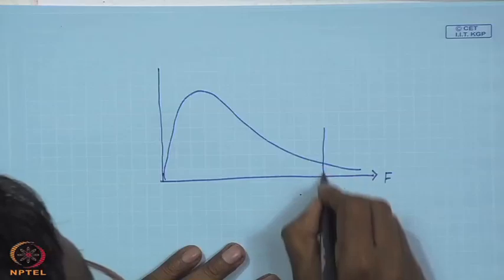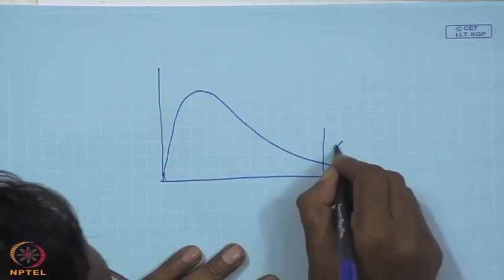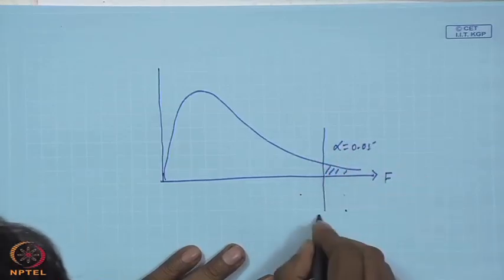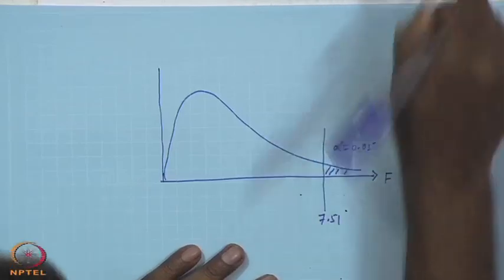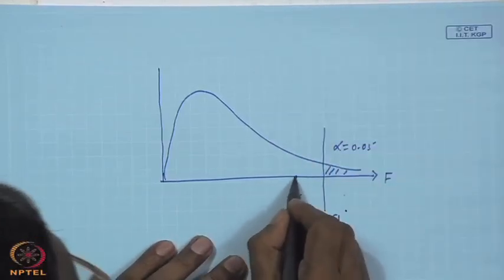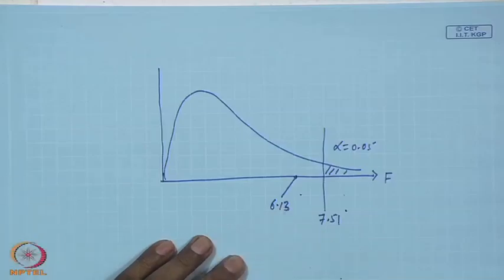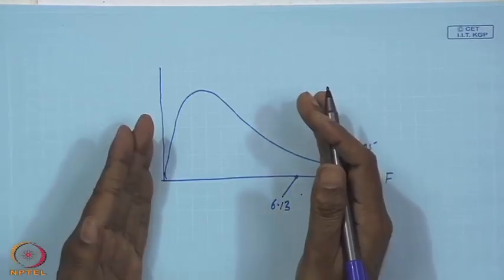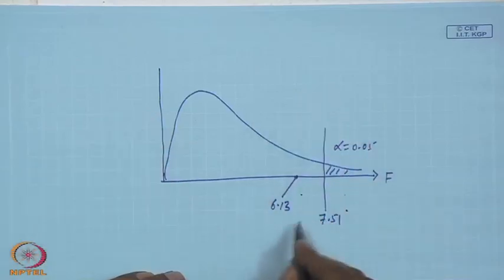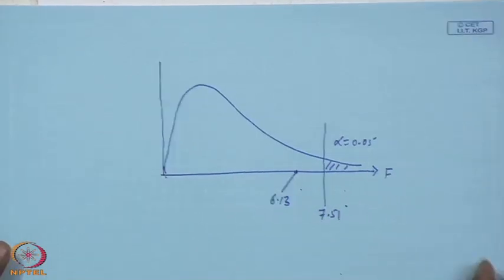When you are taking alpha value 0.05, this is what we are getting here, 7.51, and your value is coming somewhere here, 6.13. It is within this interval. You cannot reject the null hypothesis. Okay.